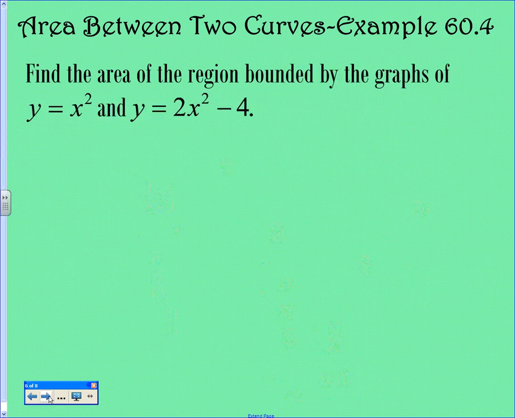Okay. So let's look at another one. Find the area of the region bounded by the graphs of y equals x squared and 2x squared minus 4.